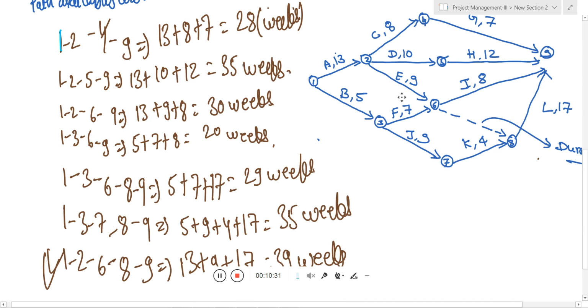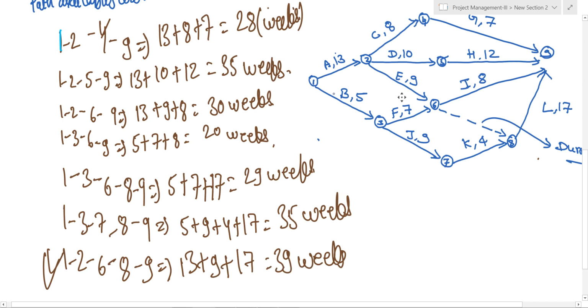If I talk about 1, 2, 4, 9, there you need to add 13 plus 8 plus 7, so the value will be 28. There is one more path, 1, 2, 6, 8, 9.